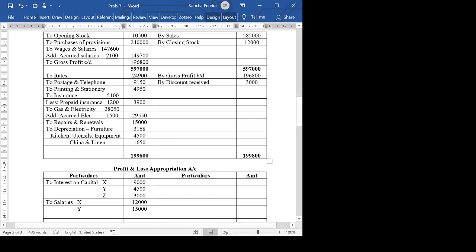The net profit comes to 103,032. So this is the net profit after providing for all the expenses of the business.